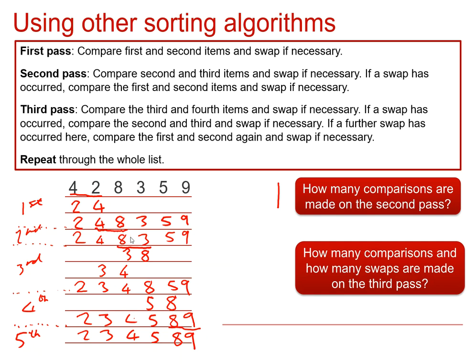So we actually made 3 comparisons. Now what about actual swaps? So we swapped here, didn't we? We swapped the 3 and the 8. We then compared the 3 and the 4, and we swapped the 3 and the 4. Then we compared the 2 and the 3, but because they were the correct way round, we didn't swap them. So we actually only made 2 swaps.